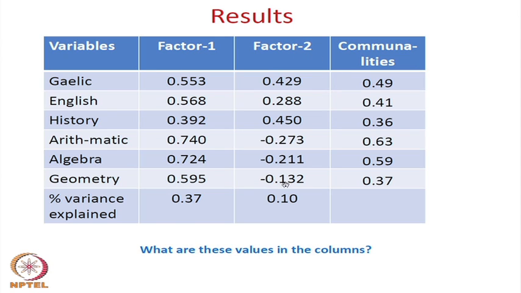Similarly for the second column, if you square and sum, you will be getting the second q value, that eigenvalue. And if you square these values and take the sum across each row, then you will be getting the communalities. Getting me?